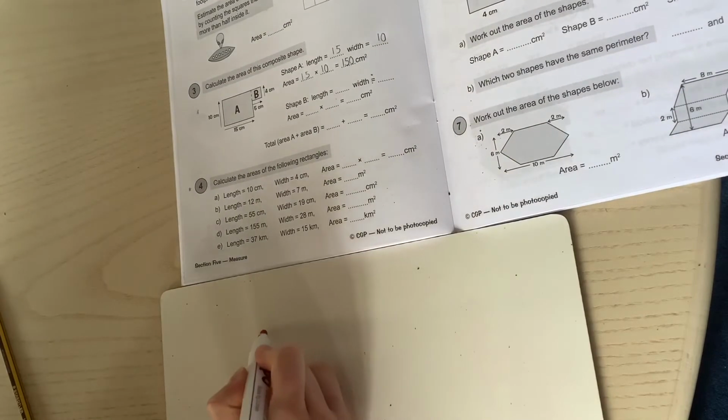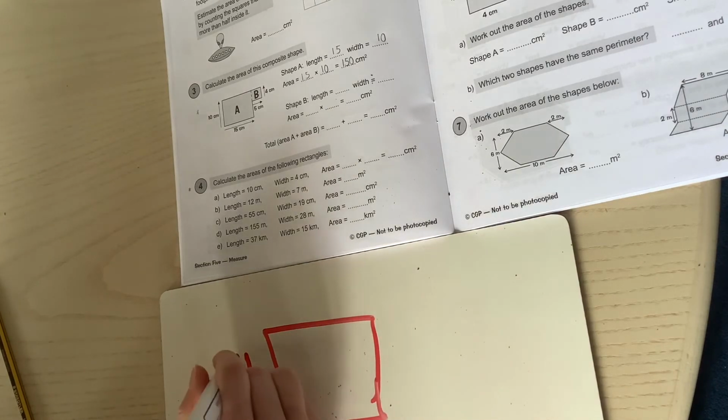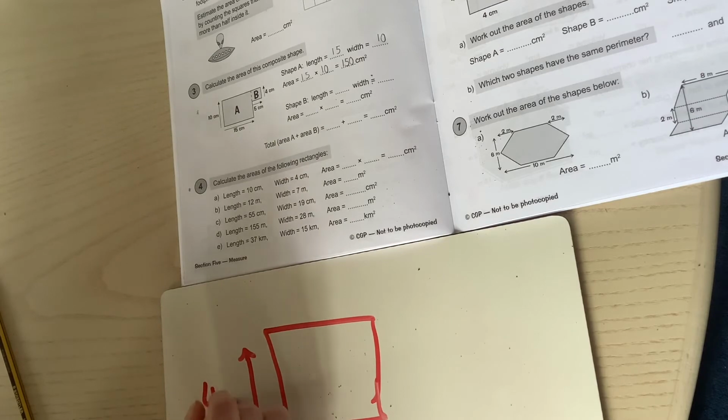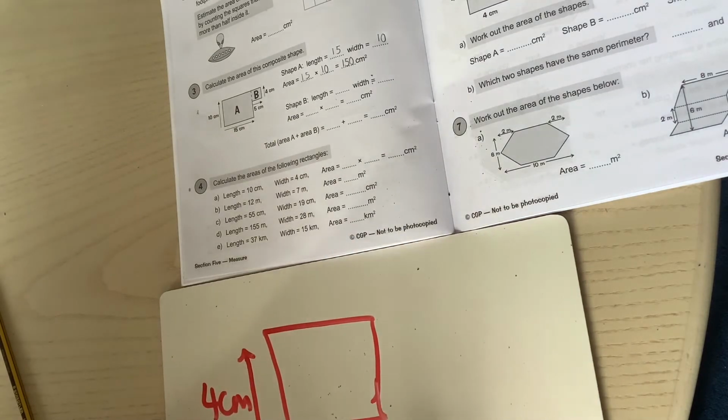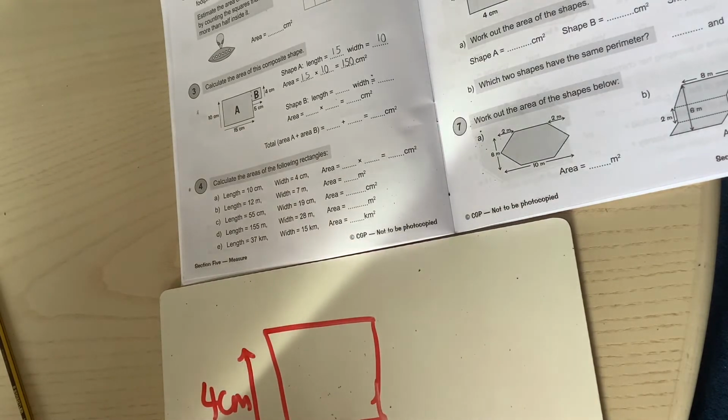So it said that the length of the shape is 10 centimetres. And it said that our width is 4 centimetres. So if my length and my width are different sizes, that means that it's not a square. It means that it's probably a rectangle.